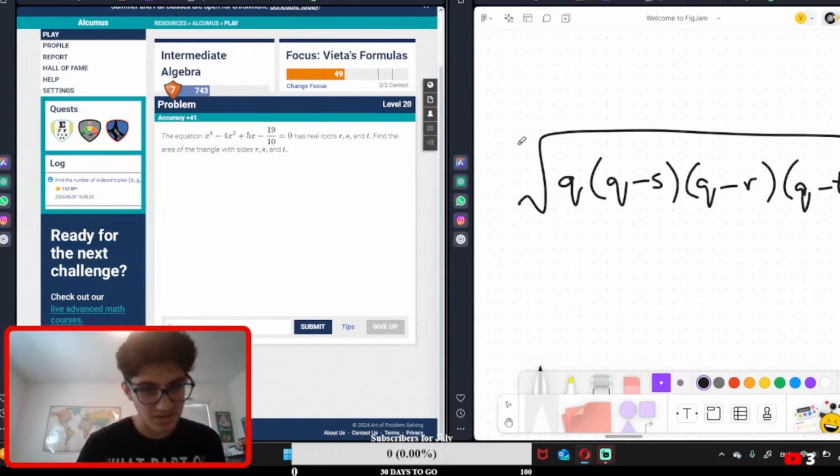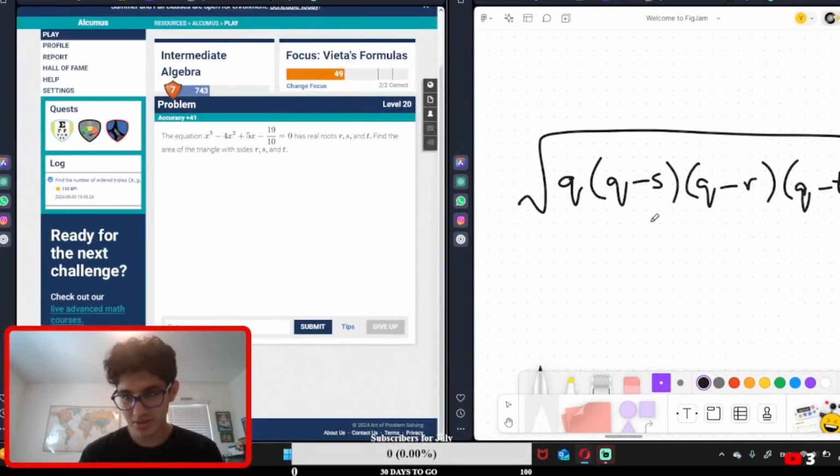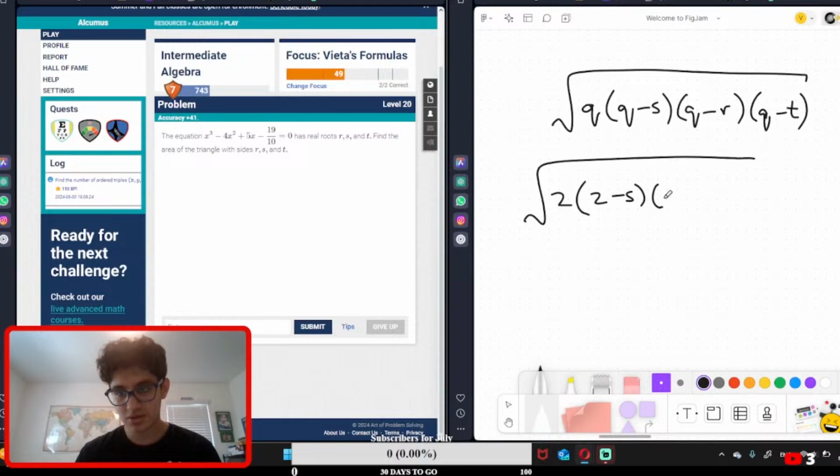Well, actually, this is just kind of stupid if you ask me. I don't want to do this, but fine. The sum will basically be 4, which means that q is 2. Okay, wait, that works out fine then. We have the square root of 2 times 2 minus s, 2 minus r, 2 minus t.